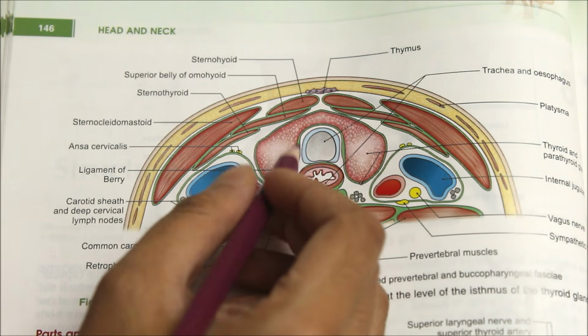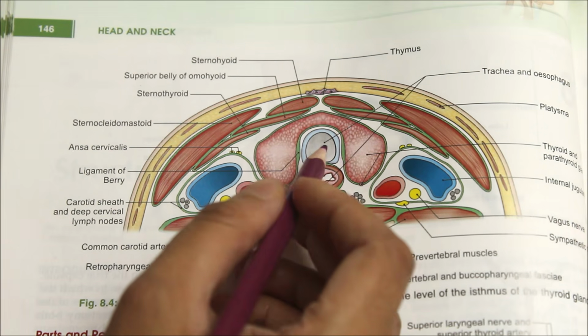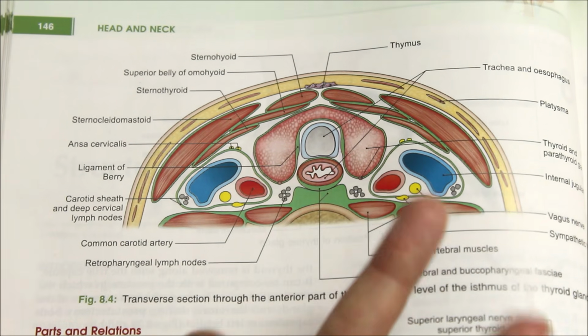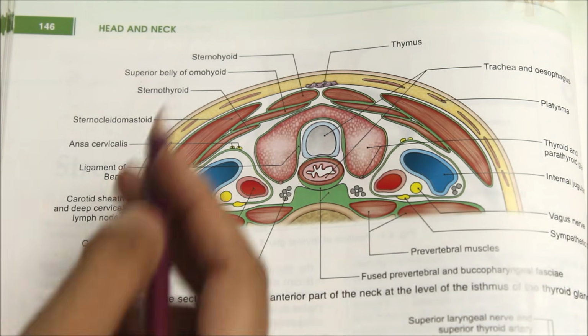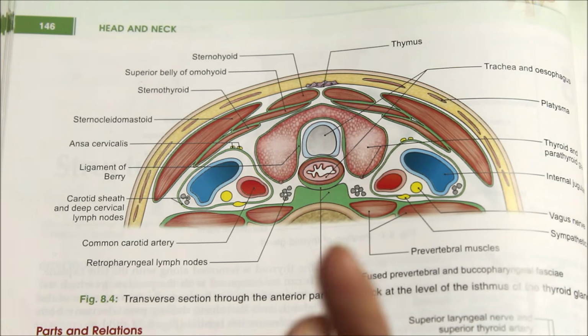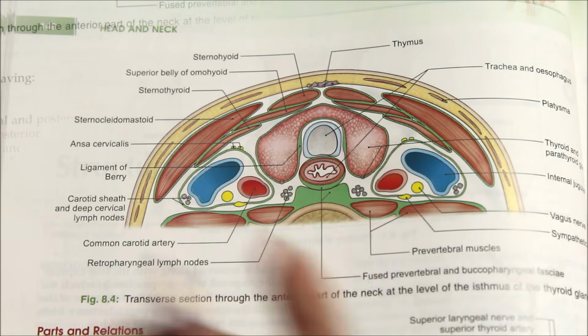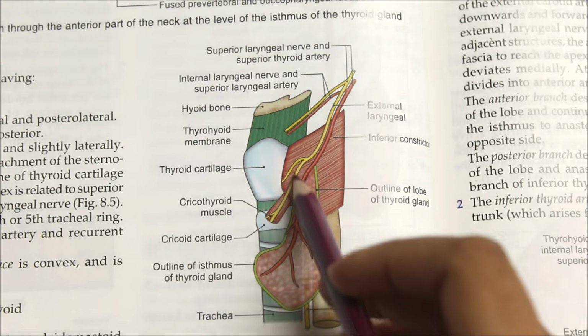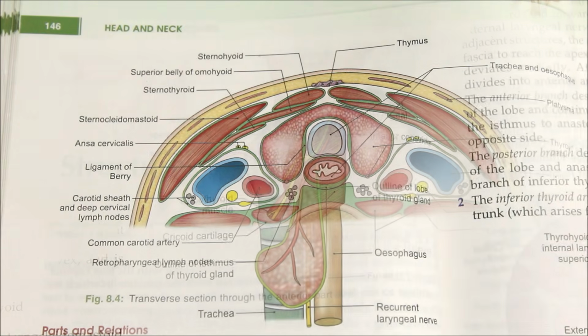Next, looking at the medial surface, it is related to the two tubes, that is trachea and the esophagus, two muscles, that is the inferior constrictor and the cricothyroid, which cannot be seen in this diagram, and two nerves, that is the external laryngeal and the recurrent laryngeal that I have shown you earlier. This is the inferior constrictor and this is the cricothyroid muscle.